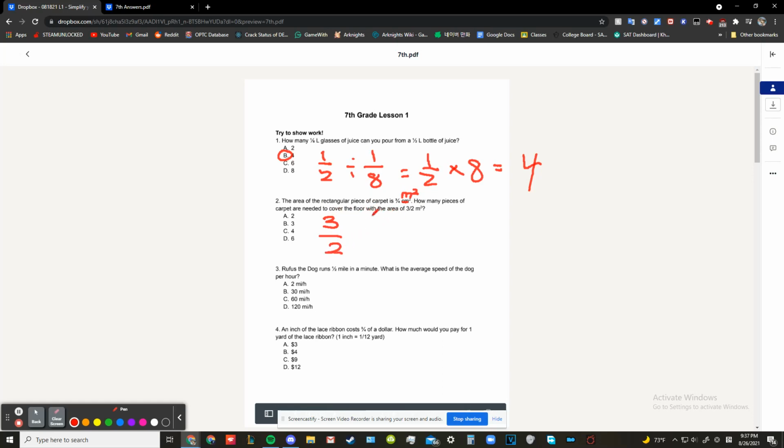In order to cover the floor with these pieces of carpet, we're going to need to divide the whole area of the floor by the pieces of carpet. So 3/2 divided by 3/4. And remember, when we're dividing by a fraction, we have to multiply by its reciprocal, which is 4/3. These cancel out to be 1. That cancels out to be 2, and that's 1. So 3/2 times 4/3 is 2, which means that our answer is A.